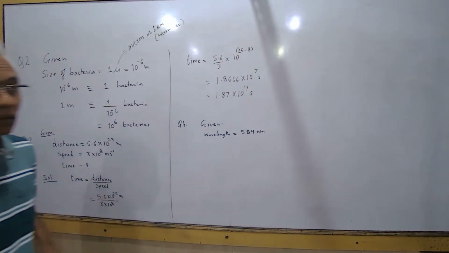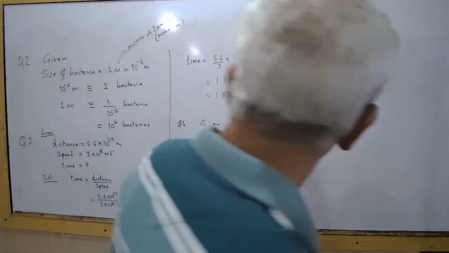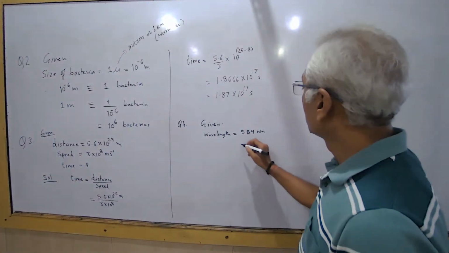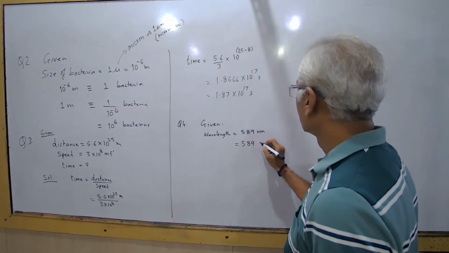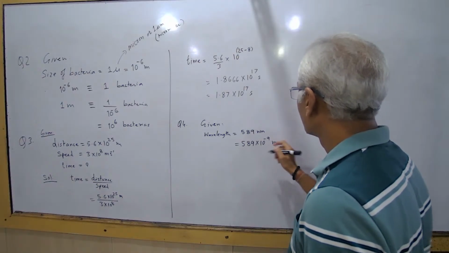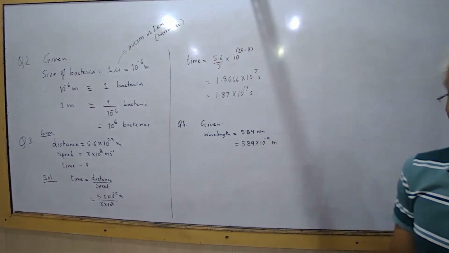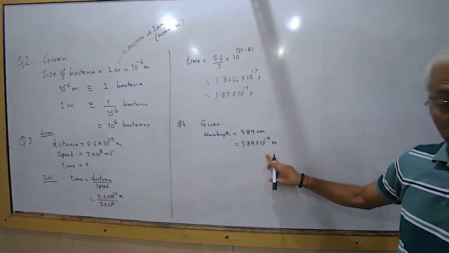Okay, you have to find the wavelength in angstrom. So what is 589 nanometer? This is 589 into 10 raised to minus 9 meter. So nano is, what is the multiplier for nano? 10 raised to minus 9. So this you have to remember, right?